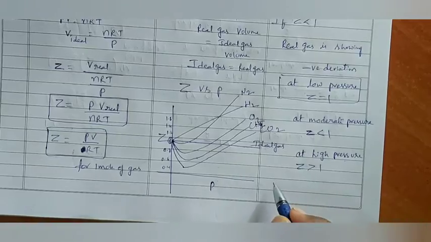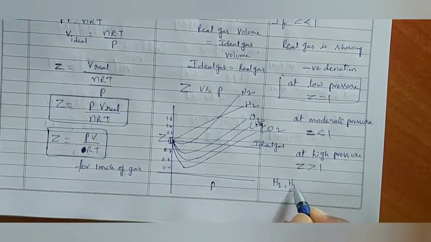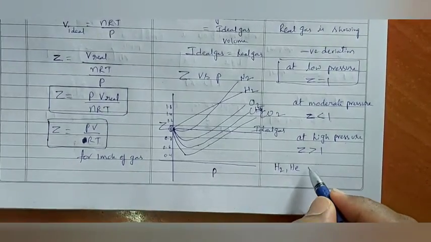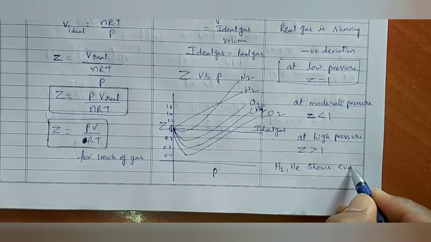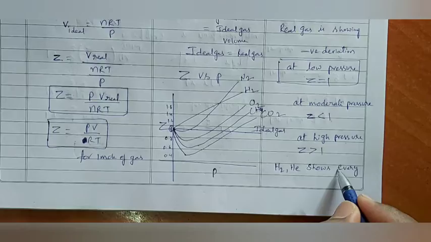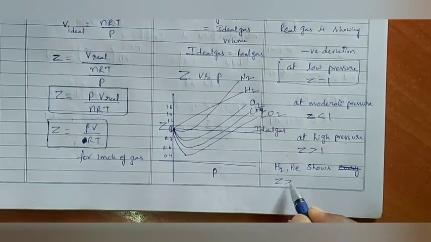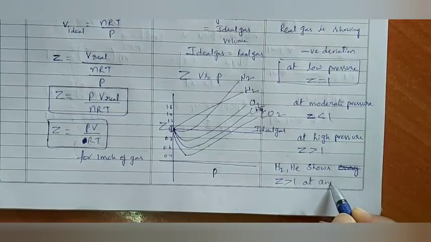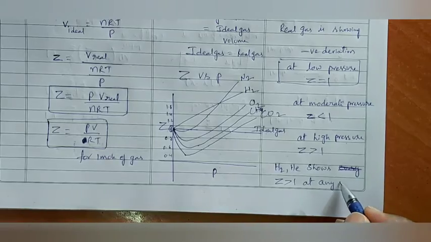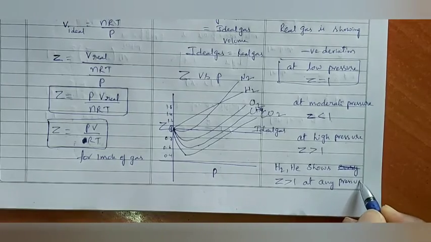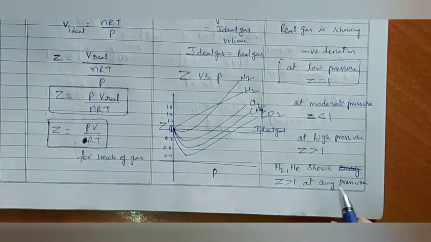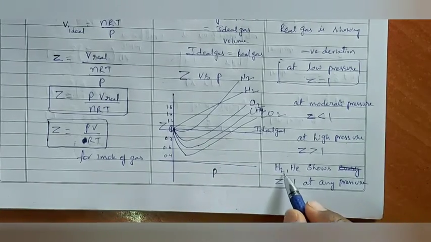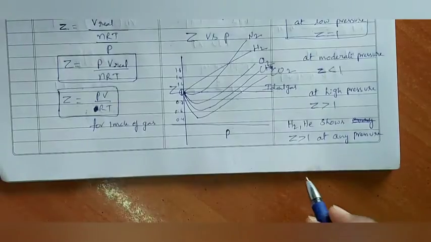Now, what about hydrogen gas? Hydrogen, helium shows Z greater than 1 at any pressure. At any pressure means at moderate pressure and high pressure, they will show Z is greater than 1 only.